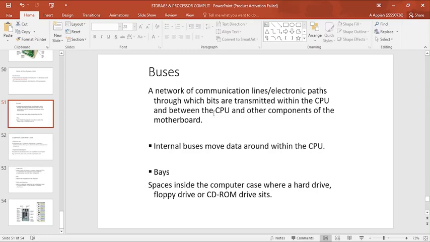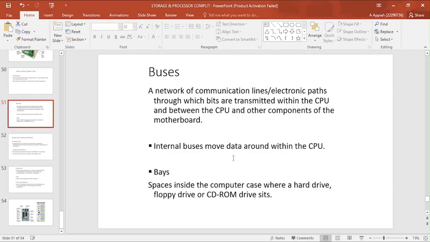So buses typically allow transfer of data or instructions within the CPU or between the CPU and other components of the motherboard. Then we have the internal bus, which helps to move data or instructions within the CPU.